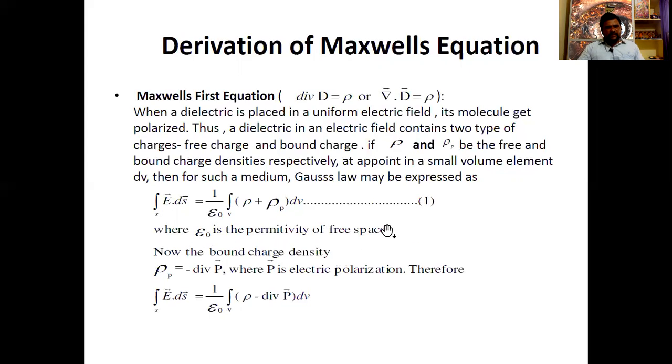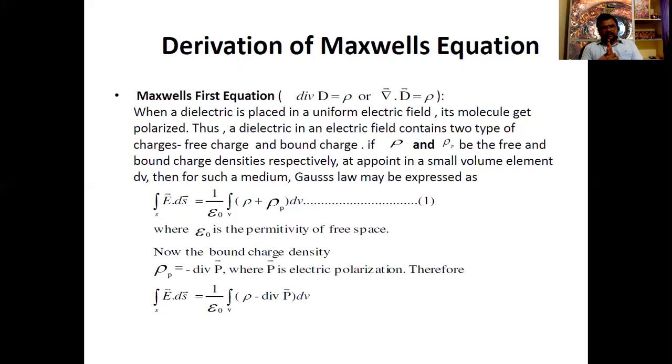Before that, let us discuss what is electric polarization. If you take conductors, there won't be any electric polarization. But when you take dielectrics, if you apply an electric field on this dielectric, what happens? The positive charge and negative charge get separated, and the centers of positive charge and negative charge won't be the same.